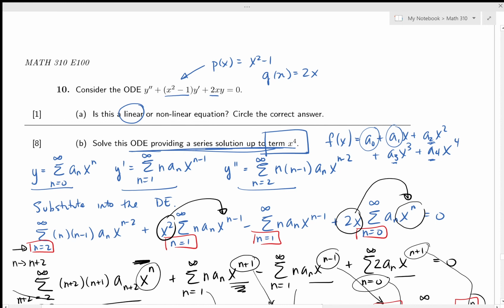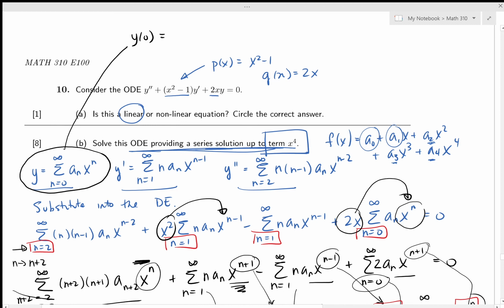I imagine that I have this thing here, okay? And I ask, what is y of 0? Well, y of 0 is when x is 0.